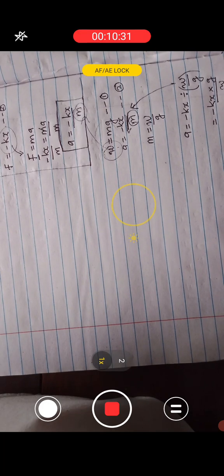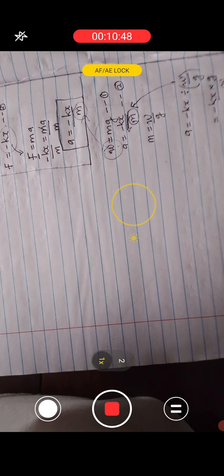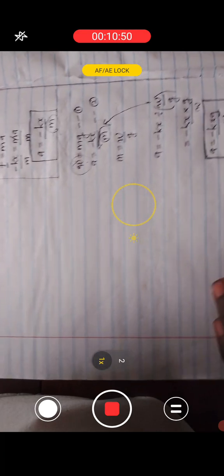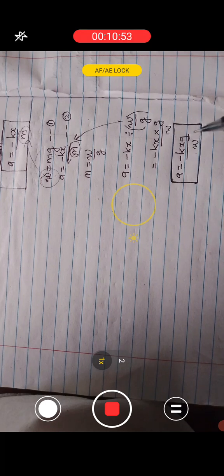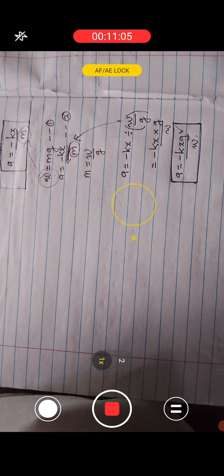So our final equation will be acceleration is equal to negative kxg over weight. This is the equation we are going to use to calculate the acceleration in our question. We have the spring constant, the distance, the gravitational field, and also the weight.